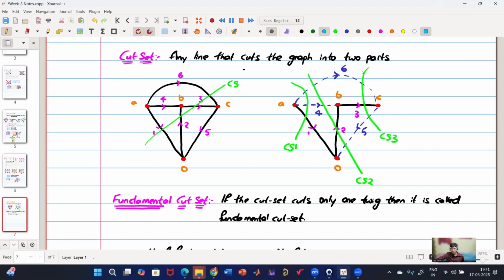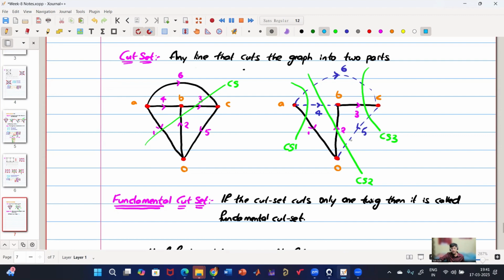Does that make sense, or is it not clear? So cut set 1, cut set 2 and cut set 3 are the fundamental cut sets, because each is only cutting one twig. Cut set 2 is not cutting 1 or 3, it is only cutting twig 2. Oh, so no need to consider co-tree, right, sir? Sir, cut set 2 cuts the fourth link, second link, and fifth link, right, sir?